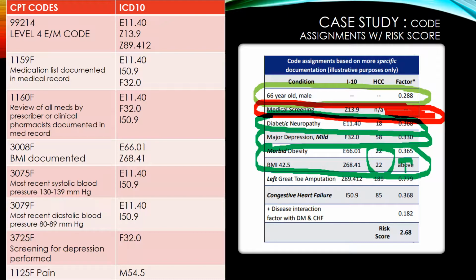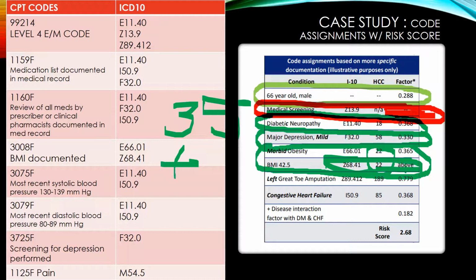If the patient has a BMI of 40 and over, it automatically gives you category 22. But make sure that the provider is documenting morbid obesity, overweight, whatever he feels the patient is. Anything 40 and over is morbid obesity. Actually, a BMI of 35 plus comorbidities like diabetes, hypertension, or heart disease is also morbid obesity. So keep that in mind.